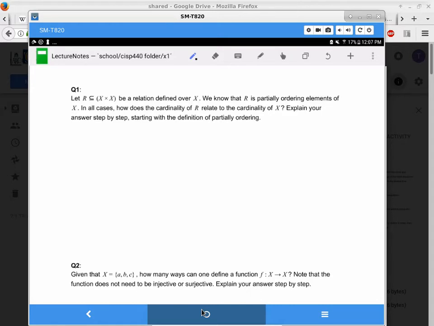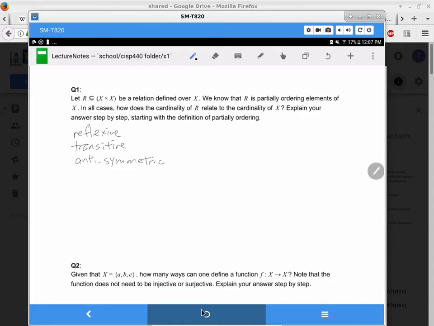Okay, reflexive. We need it to be reflexive, which is one of the most important parts of this relation. Transitive, and antisymmetric. Anything else?